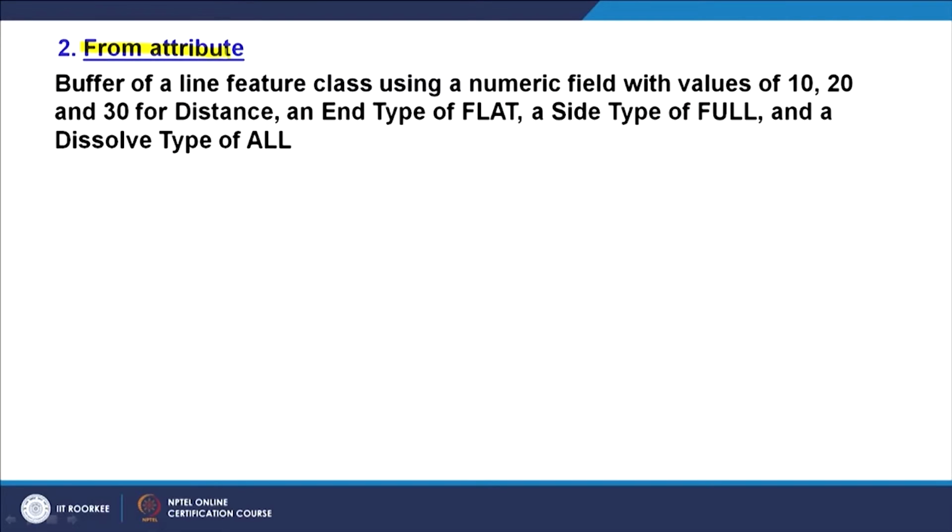So, here the conditions are that, in the previous example there was a fixed width. Now, here the values are varying: 10, 20 and 30 from the center of the road. The end type is flat, that means it is in flat terrain, and for all sides I want the full expansion or buffer generation, and it is the dissolved type.